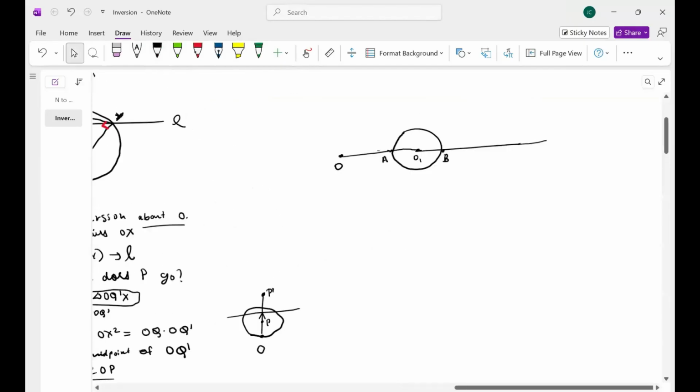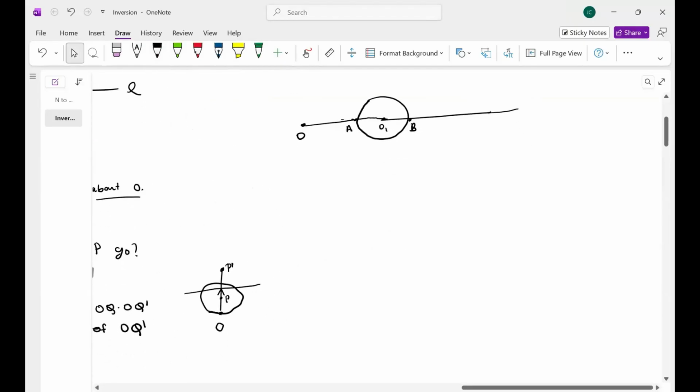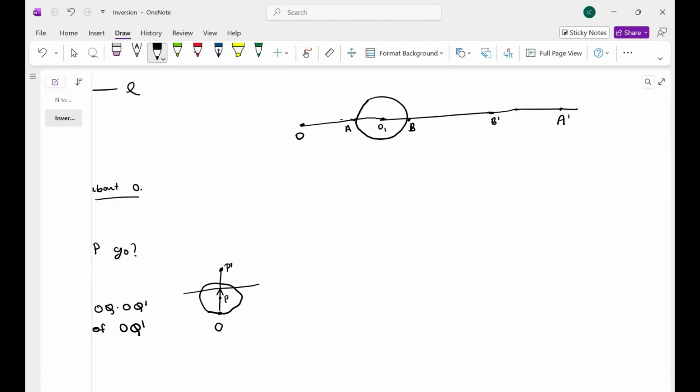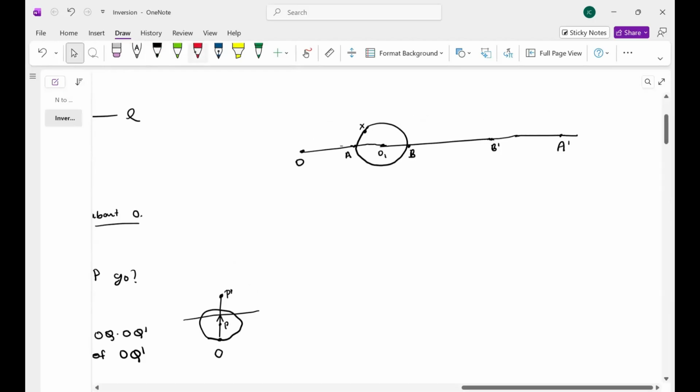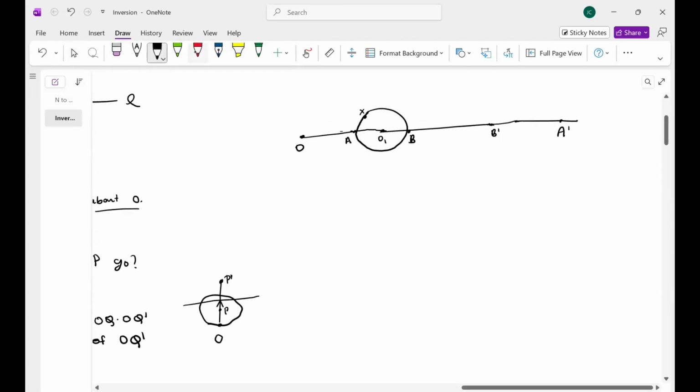So first of all, we can say that A prime and B prime will also lie on this line. And now we can take another point X on the circle. We know that AB is the diameter.